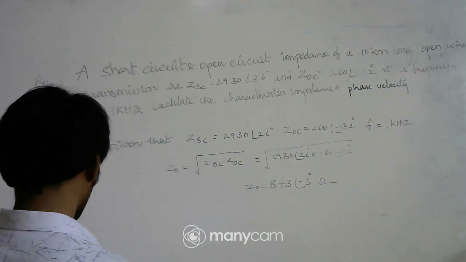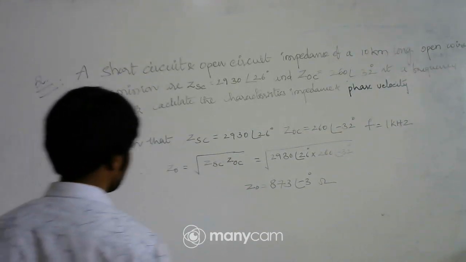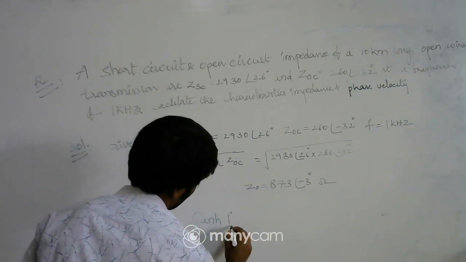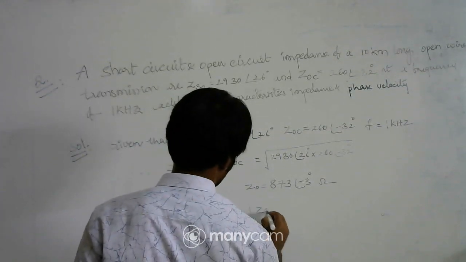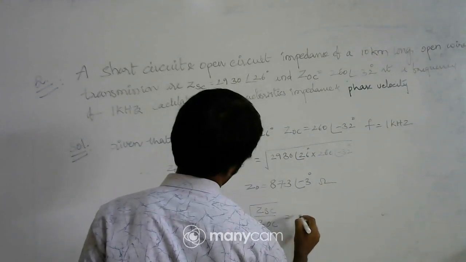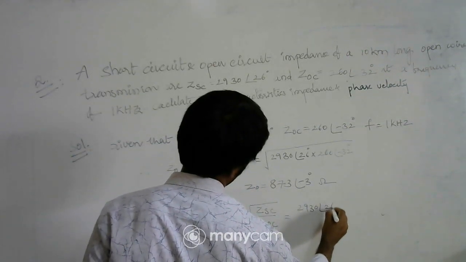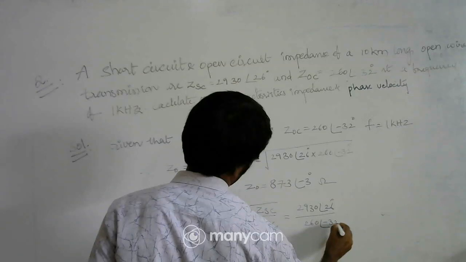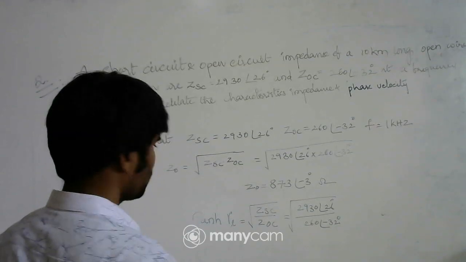Next you need to find tanh gamma L. Tanh gamma L is equal to the square root of ZSC divided by ZOC. Substitute the values: ZSC is 2930 angle 26 degrees divided by 260 angle minus 32 degrees, squared. What is the value?